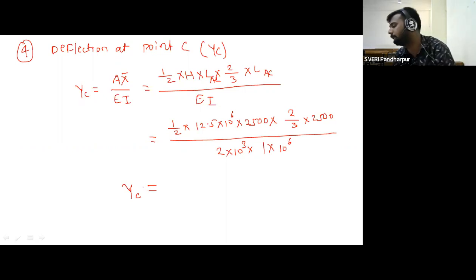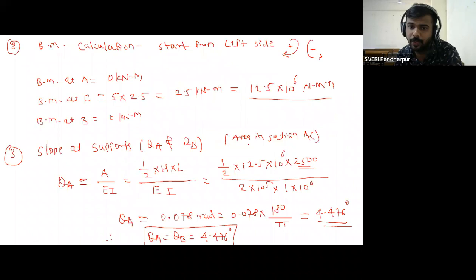So deflection at point C is 13.0 into 10 raised to 3. So it's 10 raised to 5, right?